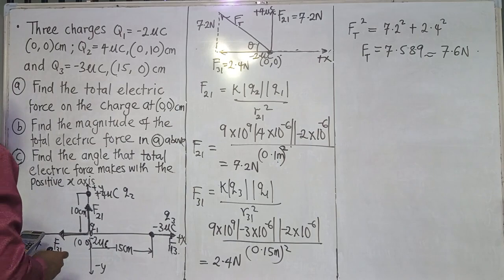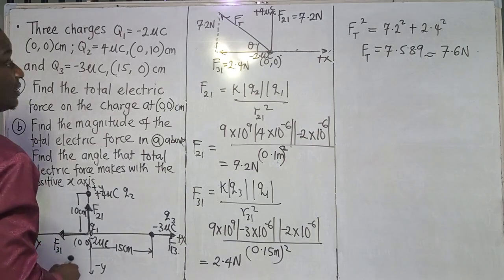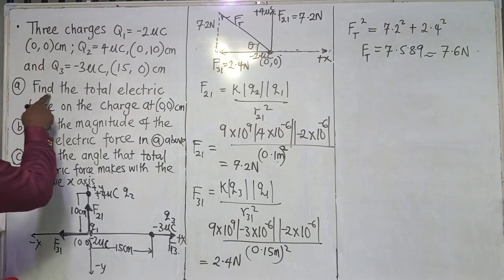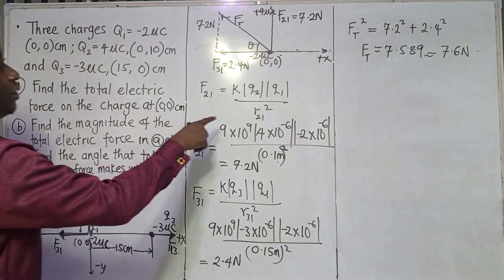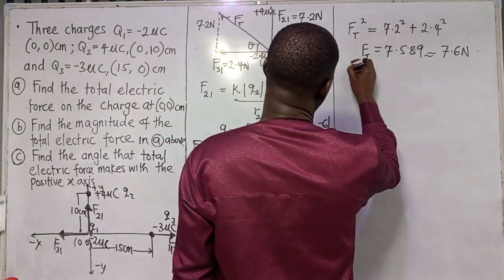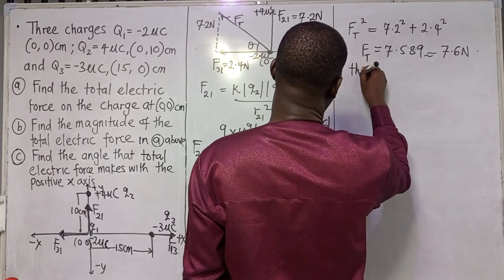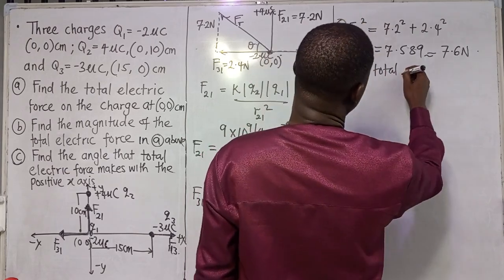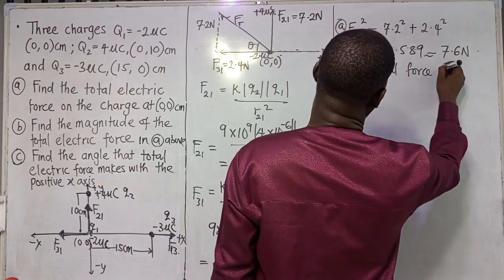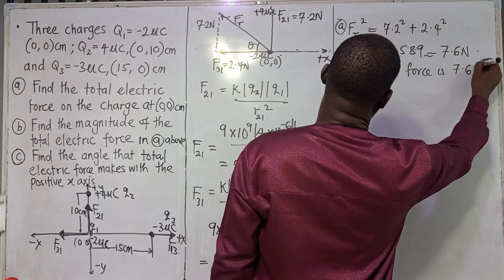If you solve it well, you are going to have that. Now, that is the magnitude. We have just solved to find the total force on the charge at 0. So the total force, question A, is 7.6 Newton.